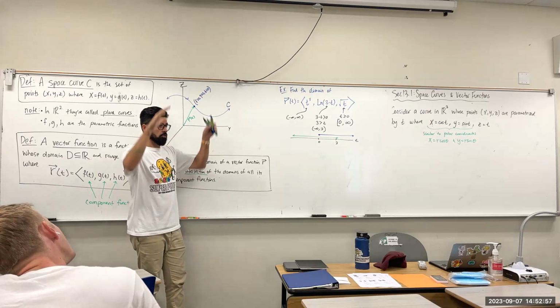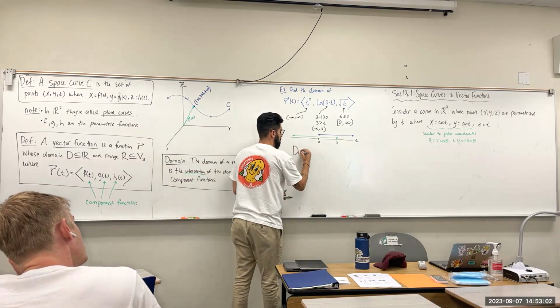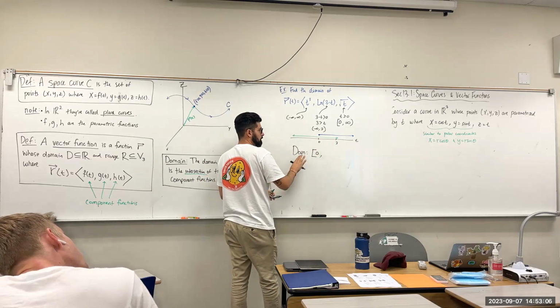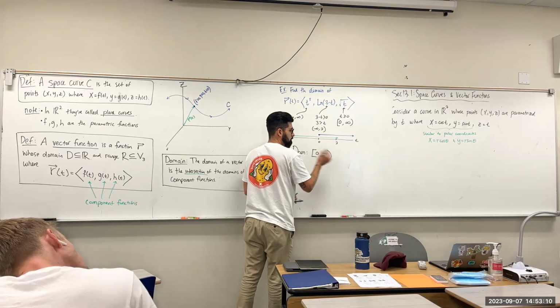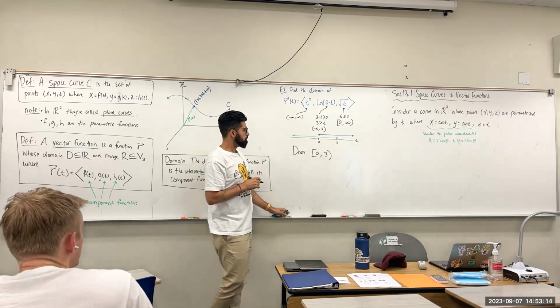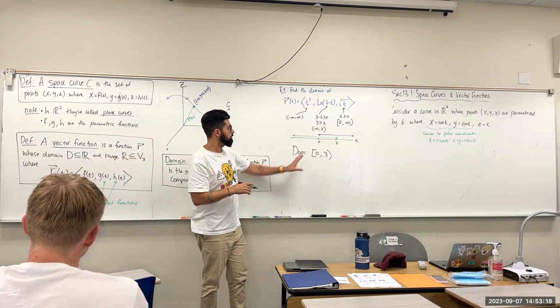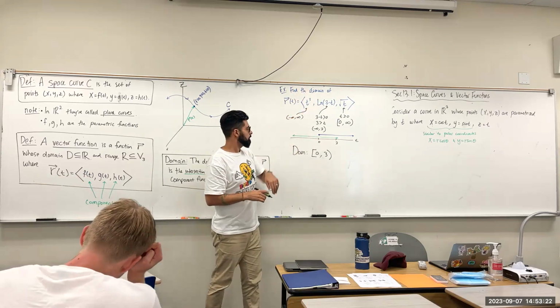So what would be the intersection of all three? It has to include 0, and then it goes up to 3. I just can't include the 3. And so this is the domain of the vector function. It's not too crazy.